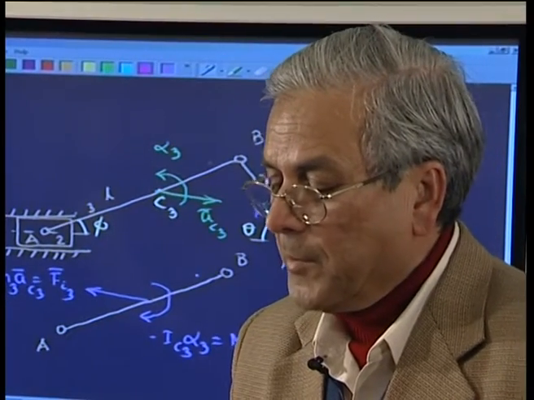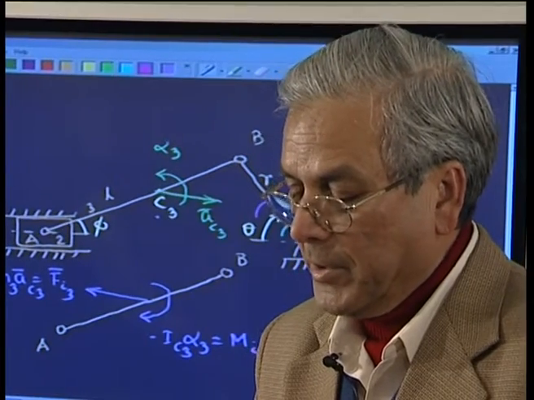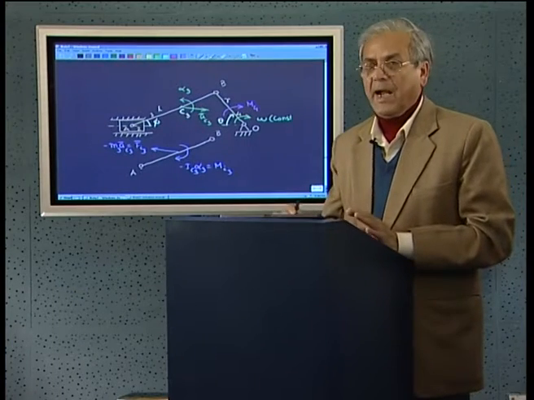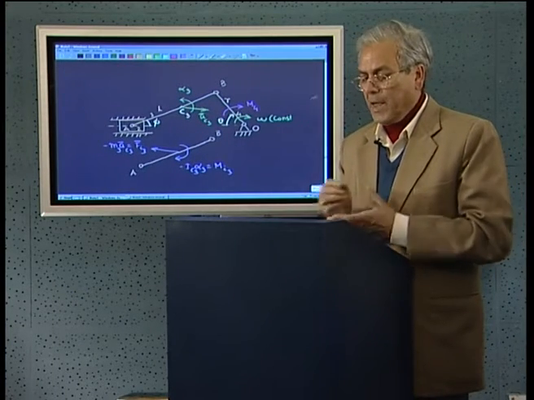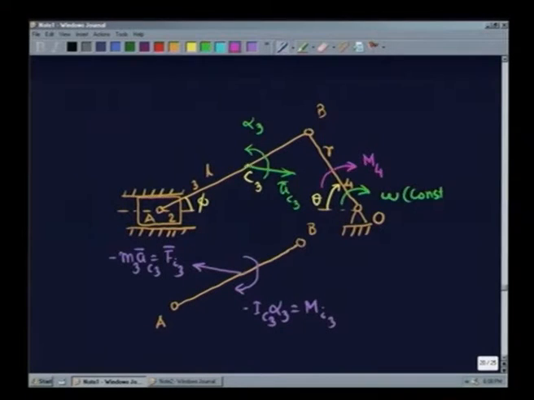You could say there is some external force acting on this, maybe the weight of this, but to keep the problem less complicated, we do not add any external force, which could easily be done. But we know there is a reaction force here from link 4 to link 3, and a reaction force from link 2 to link 3.